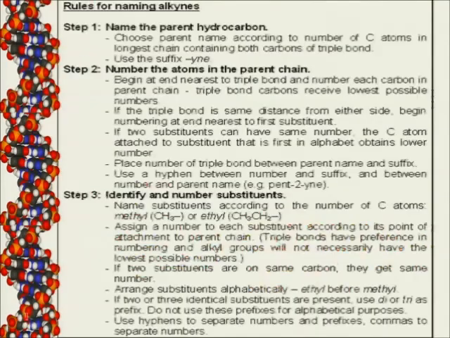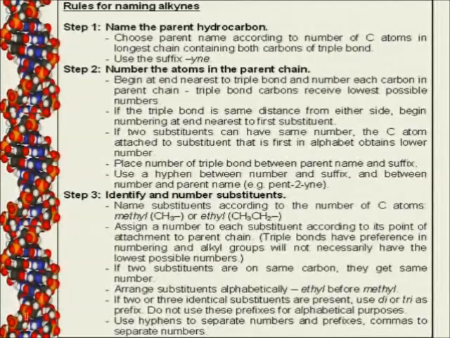All right? And then how do you name the alkyne? Just like the alkene, you choose the parent name, and this parent name must contain a triple bond in the long chain. So you check that in your long chain you've got a triple bond, and then the parent name will end with yne.